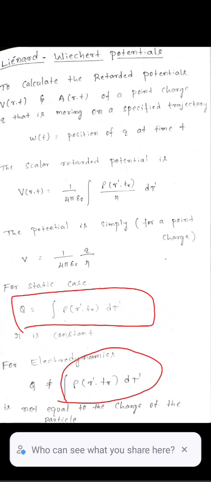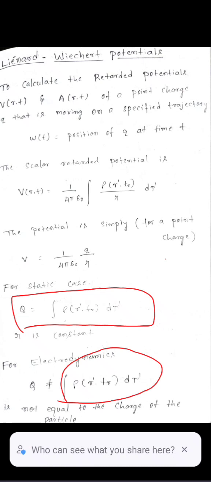But here the integral is calculated at the retarded time, at the particular time t_r. Because the charge configuration is moving, the entire picture is distorted.